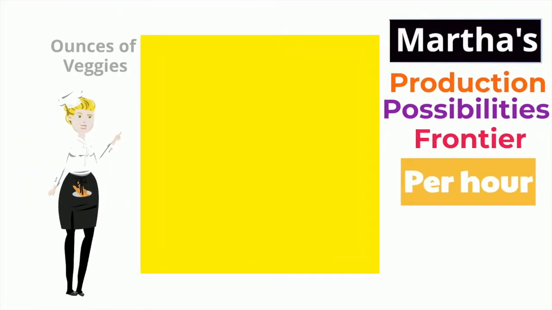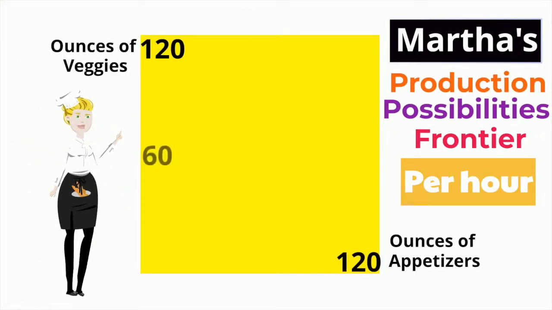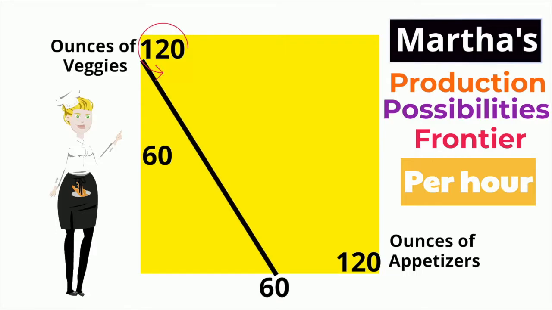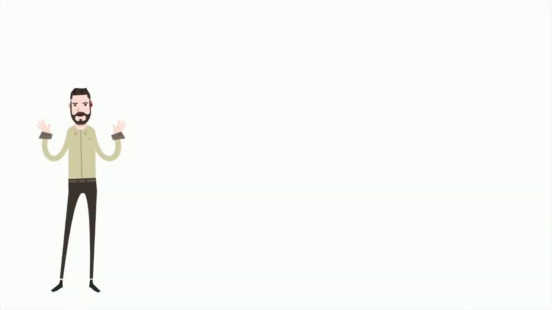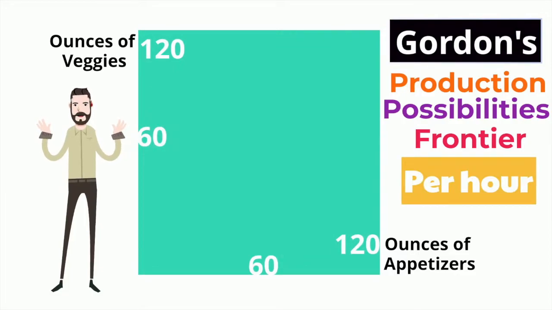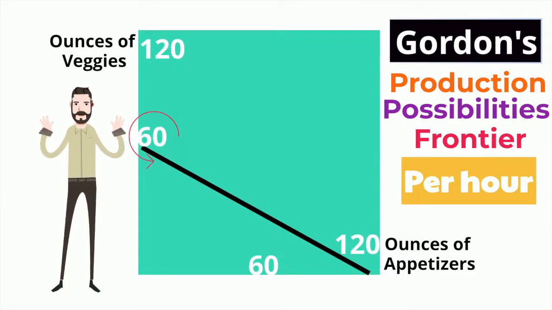Martha's production possibilities frontier provides either 120 ounces of veggies in an hour or only 60 ounces of appetizers. Gordon's production possibilities frontier per hour is 120 ounces of appetizers, but only 60 ounces of veggies.